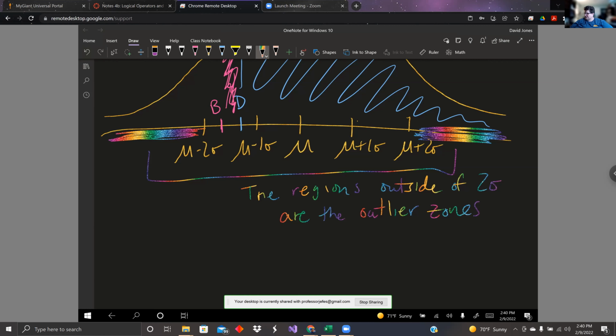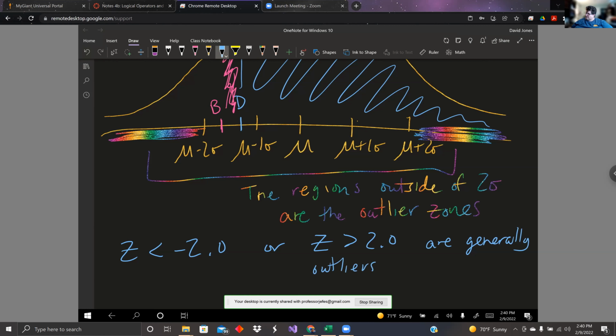What that means in English is z-scores less than negative 2.0 or z-scores greater than 2.0 are generally outliers. Sometimes there's not a lot out there.